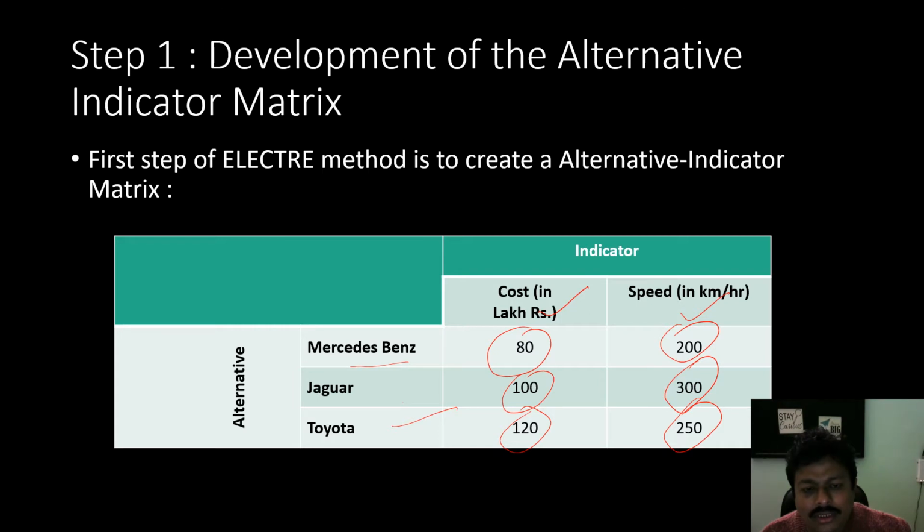So this matrix is known as the alternative indicator matrix. These are the alternatives, these are the criteria, and these values are the indicators. There is nothing very significant about this step. Basically this matrix gives you the value of the criteria with respect to the alternatives.